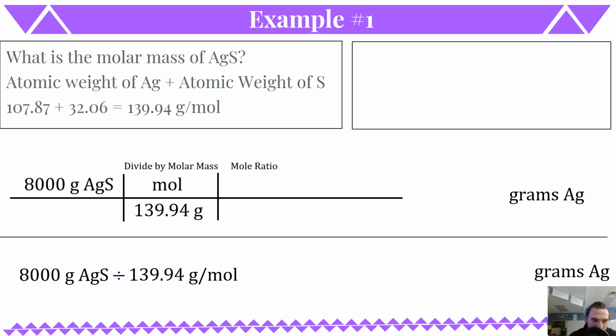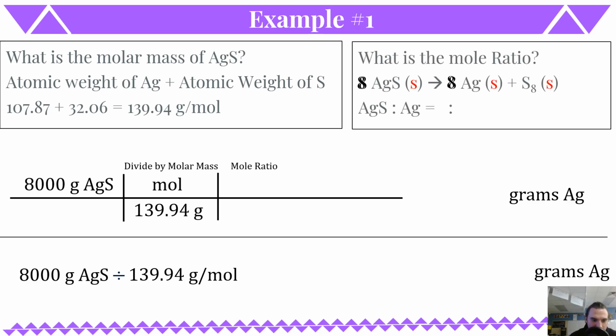Well, hold up. We have to figure out what our mole ratio is first, okay? So we got this balanced chemical equation. What is the ratio of AgS to Ag? Well, as it turns out, it's just a very simple 8 to 8 ratio. Okay. Now you may be wondering, how do I know which one goes on top and which one goes on bottom? And this part I ask you to consider, all right, AgS, do we want that as a final unit?